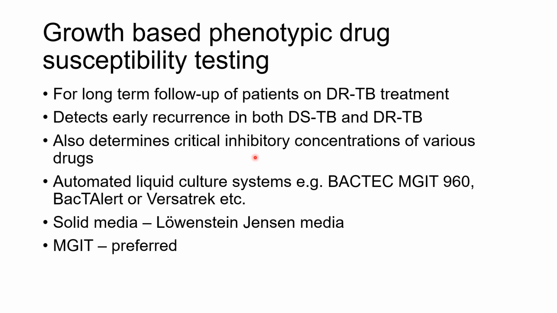It also determines the critical inhibitory concentration of various drugs, and automated liquid culture systems like Bactec MGIT 960 or BacT/Alert or Versatrek etc. are used. The solid media mainly used is Lowenstein Jensen media or LJ media, and MGIT is also preferred, that is Mycobacterial growth indicator tube.